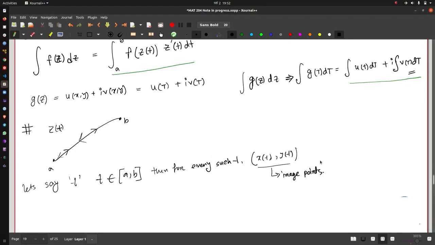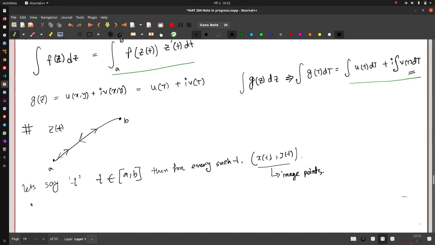And these image points will eventually lead us into evaluating these integrals and the results. So since this is a line integral or similar to a line integral, the direction is important, as I said before.